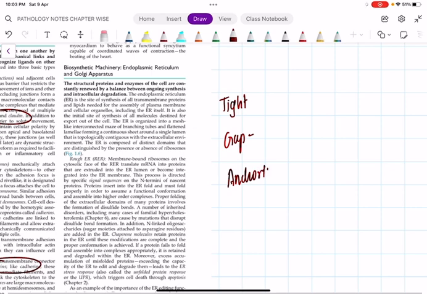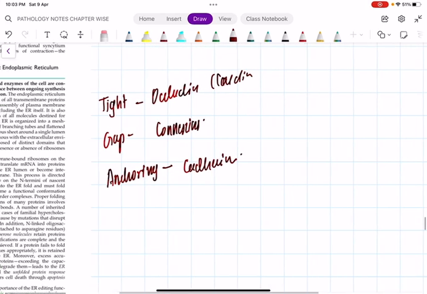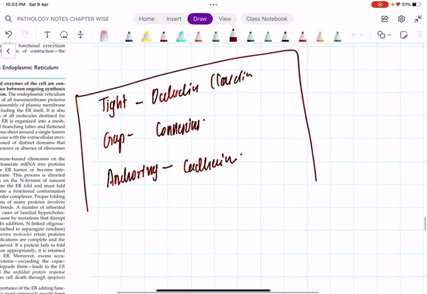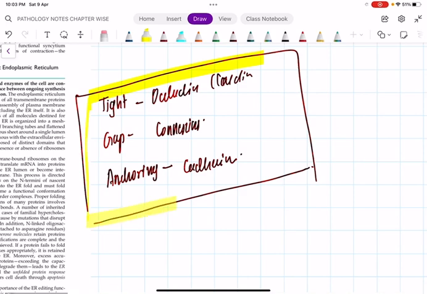What are the proteins? In tight junction, occludin, claudin. Gap junction, connexins. Anchoring junctions, cadherins. Please remember this. I'm highlighting it.